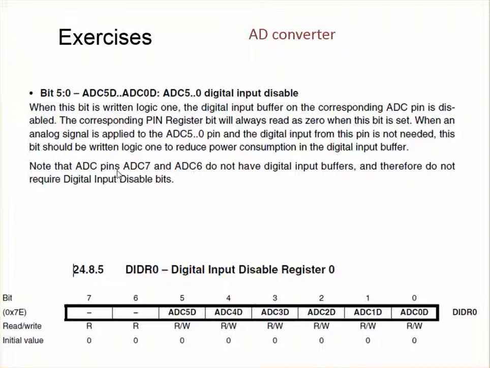And as we remember from the original block diagram, there were 2 direct pins connected to the AD converter, so these are all the time connected to the AD converter, and we don't need to define functionality for those.